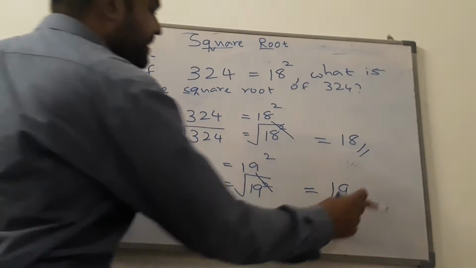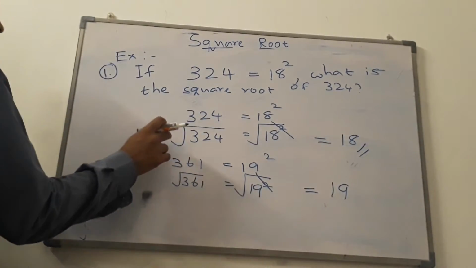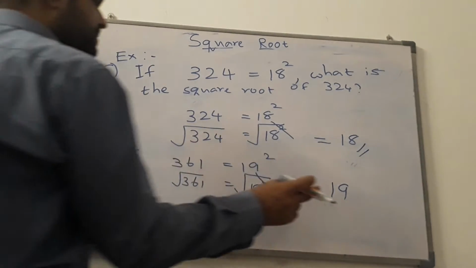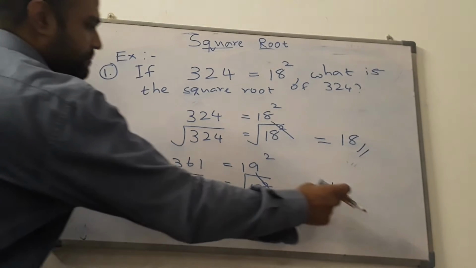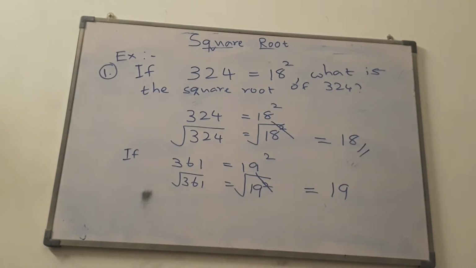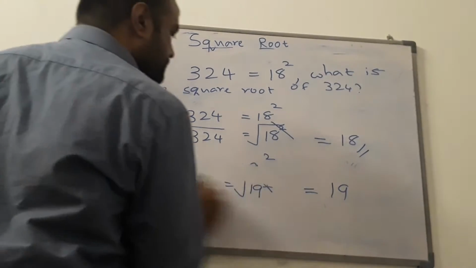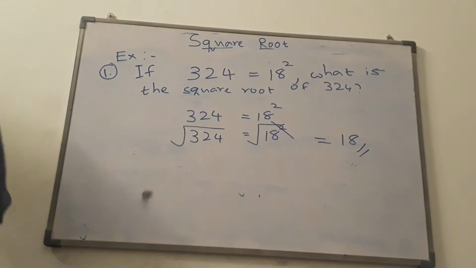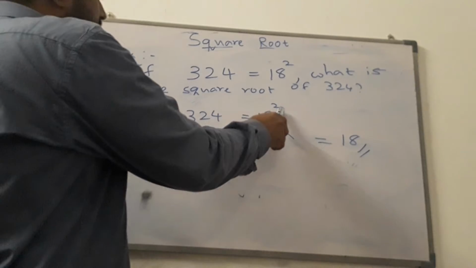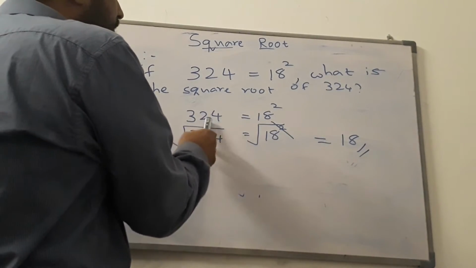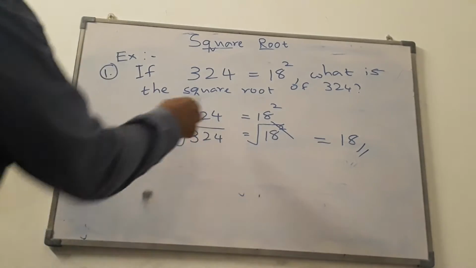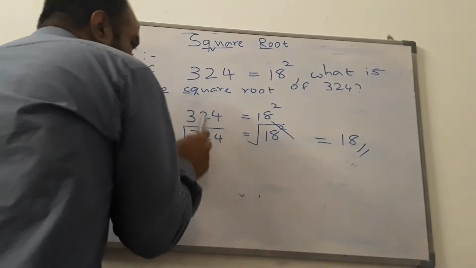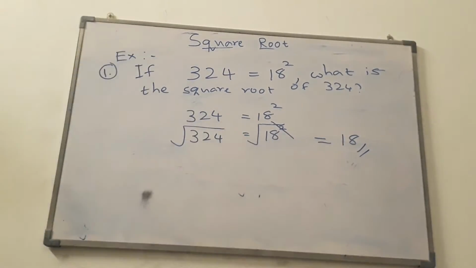If we multiply 19 by 19, we get 361. Again, here also 324 means 18 squared, so square root of 324 means 18. If you multiply 18 by 18, we get 324.